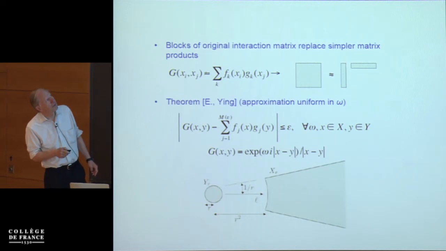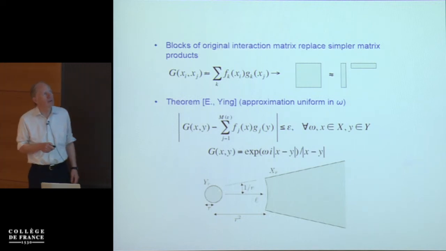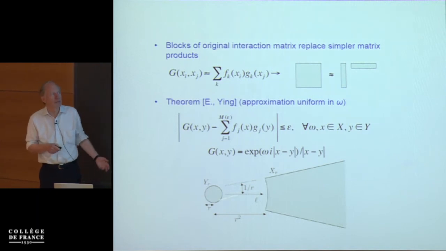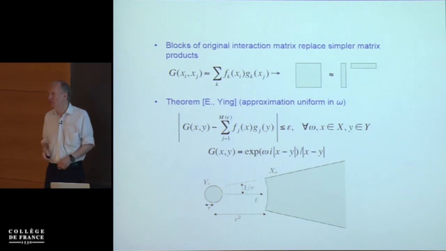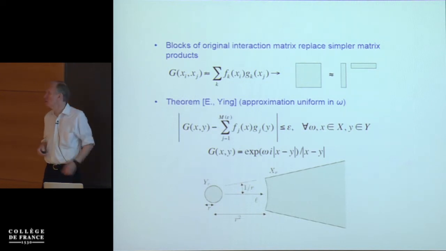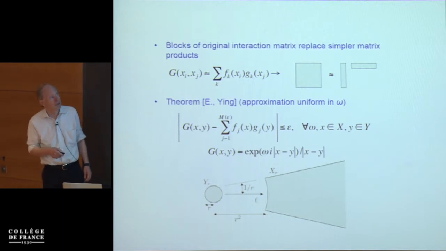That can be done uniformly in these domains. Either you could think that you have domains and different omega, or you could think that you fix omega to be one, the frequency, and then you have a variety of domains of different sizes, easy to scale. The important thing is that there is a separated approximation, and you get this estimate where the number of terms does not depend on where you are in these domains, or on omega, or the scaling of the domain. So that's possible to do.